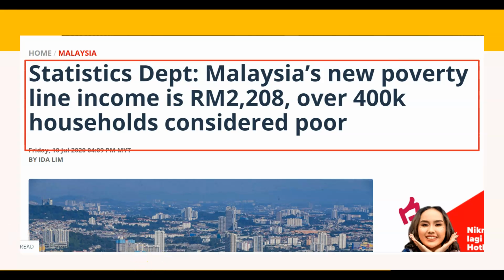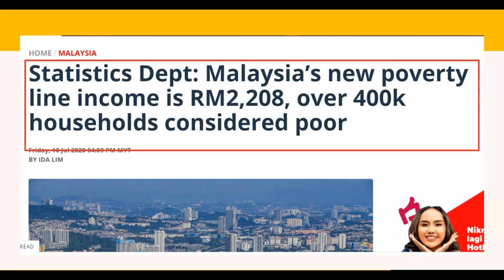However, as I mentioned just now, in July 2020, the government announced that the Statistics Department set a new Malaysian poverty line income, instead of 980 ringgit for 4 household members, to 2,208 ringgit.